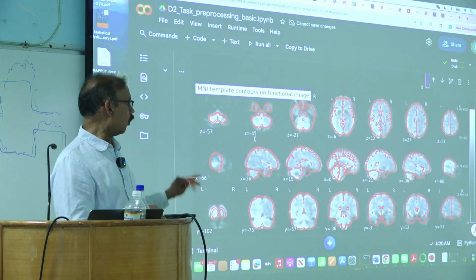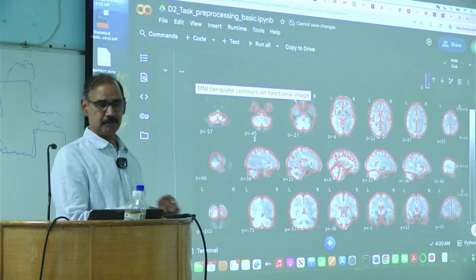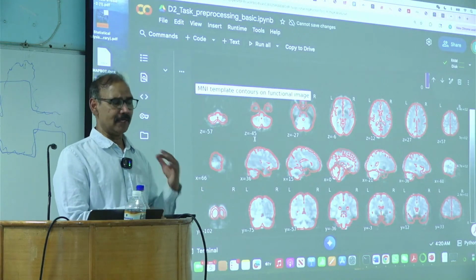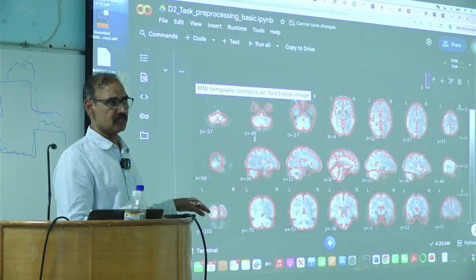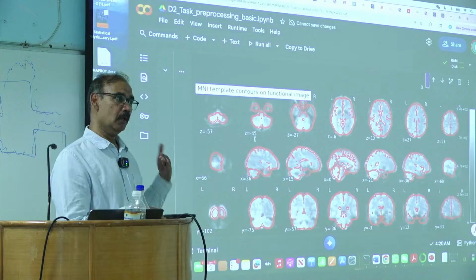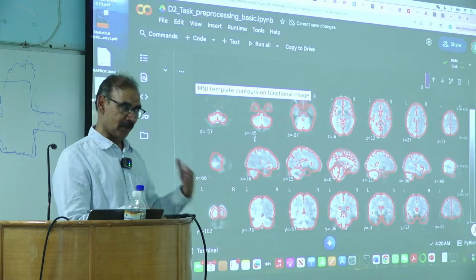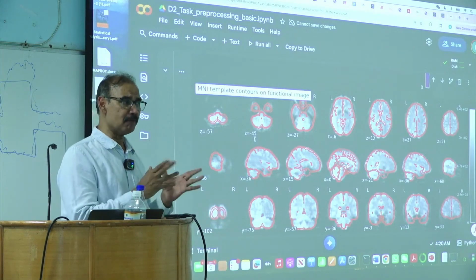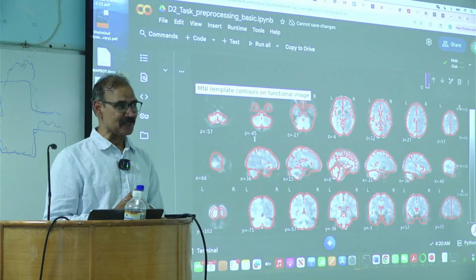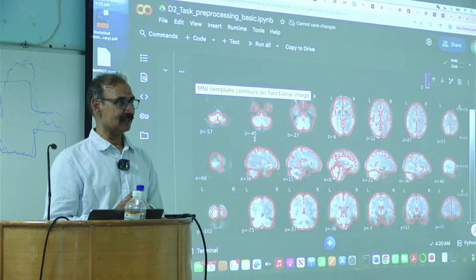If you are doing whole brain across many subjects, it's highly unlikely that you would see something. But if you see, then go through it on a subject-wise basis, and if you still find it, then what you should do is not use the MNI template, right?